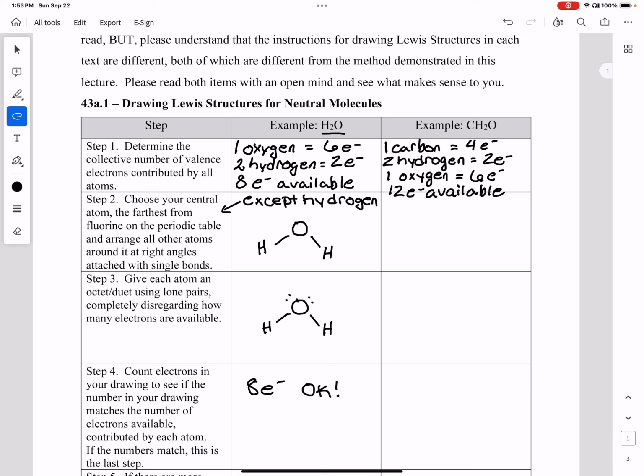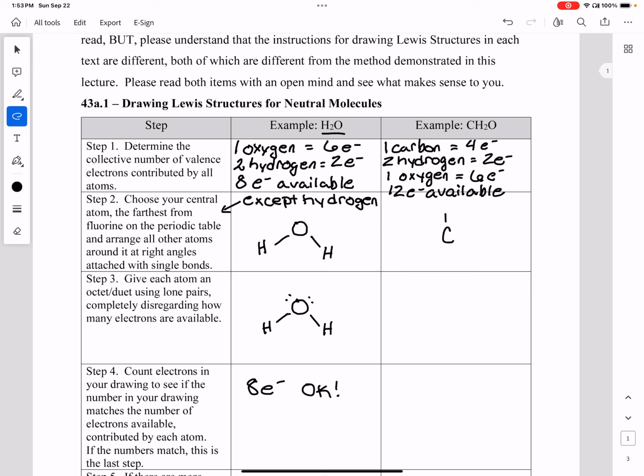Okay, so let me choose my central atom. We're ignoring the hydrogen, of course, so it's between carbon and oxygen. Carbon on the periodic table is farther away from fluorine, so it must be the central atom.